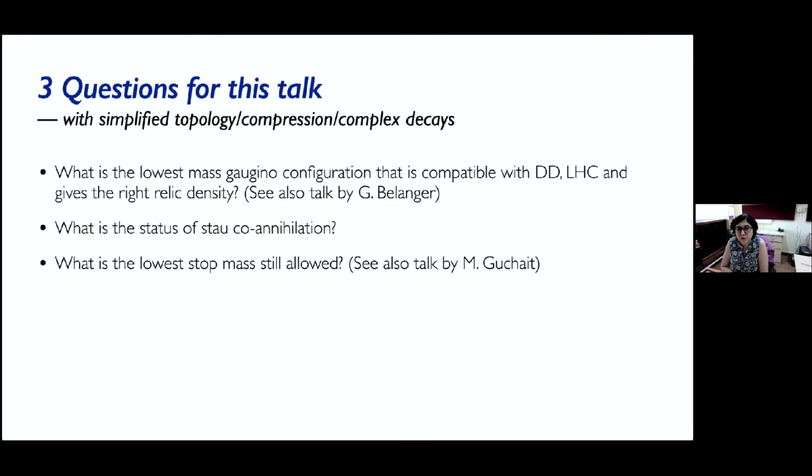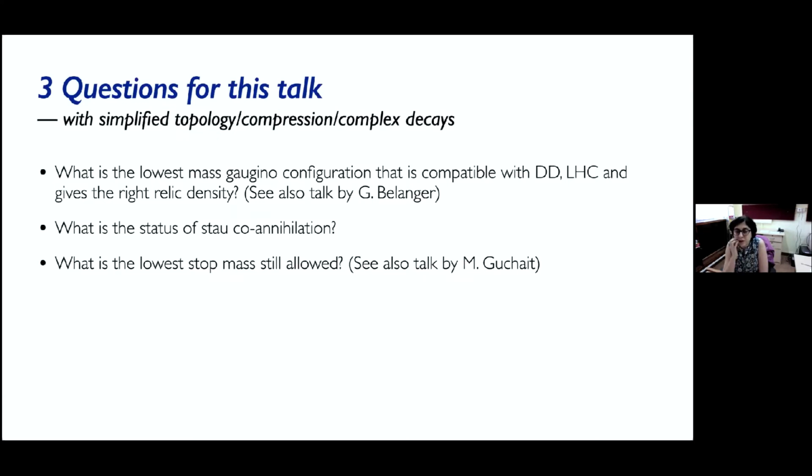So most of our interests can be distilled into three questions, which are of interest to most phenomenologists. These are the three questions that I plan to address in this talk. The first one relates to dark matter. We've heard that supersymmetry gives us a natural dark matter candidate.